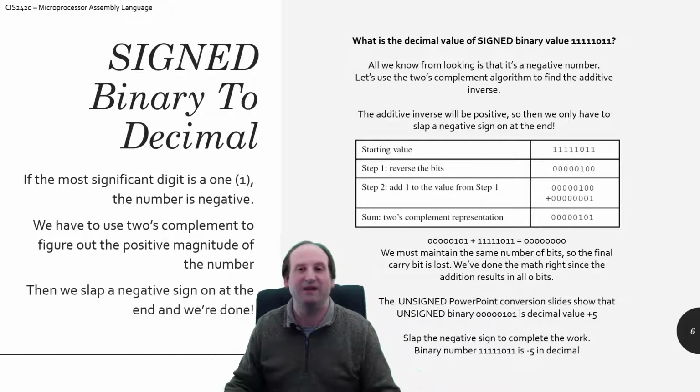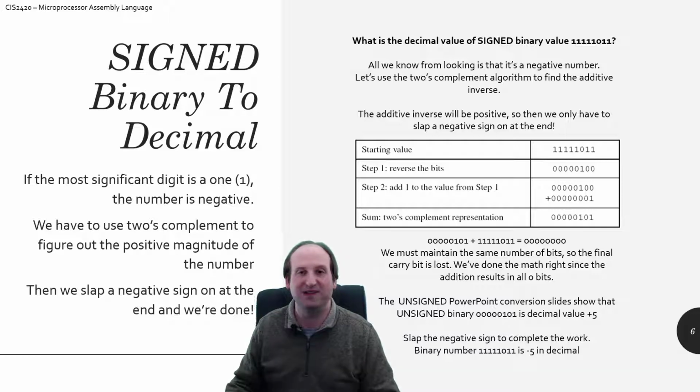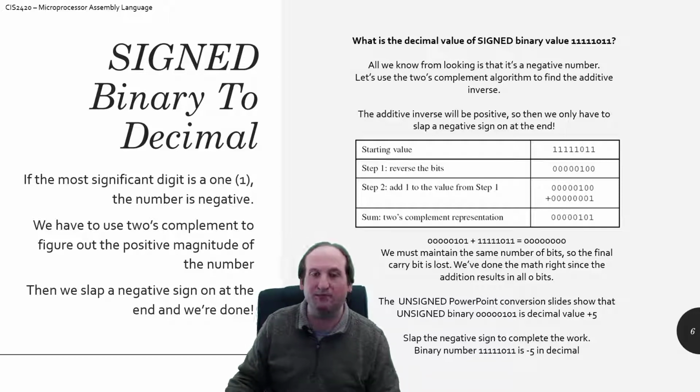So coming back, okay, take my number, flip all the bits, so it becomes 0, 0, 0, 0, 0, 1, 0, 0, add 1 to that, and you get 0, 0, 0, 0, 0, 1, 0, 1, which from previous lectures we know resolves down to a 5. That's a positive 5 as the result of my 2's complement math.